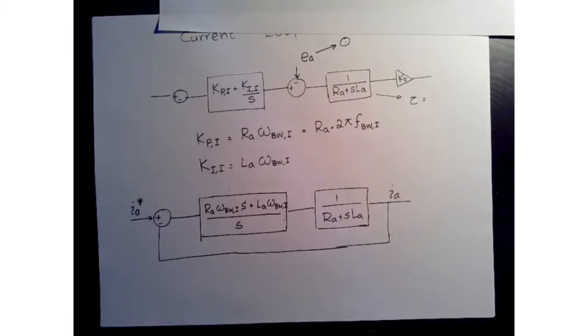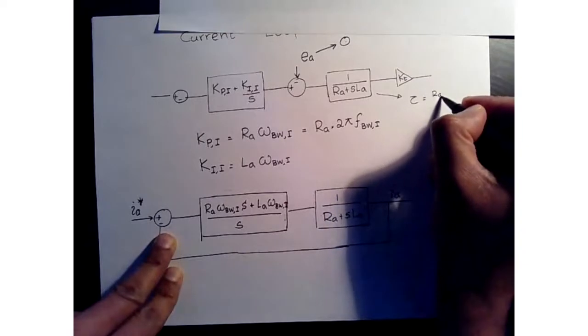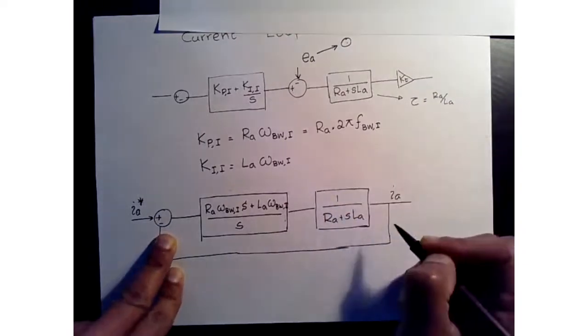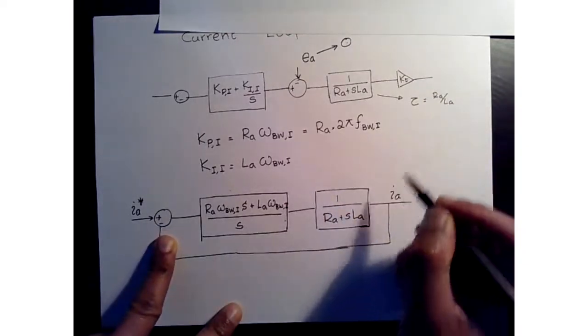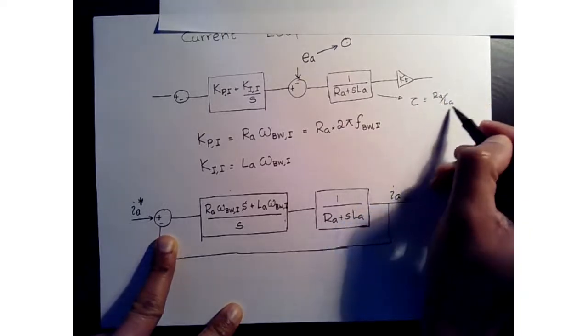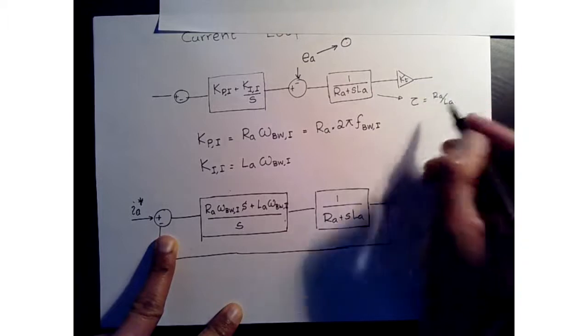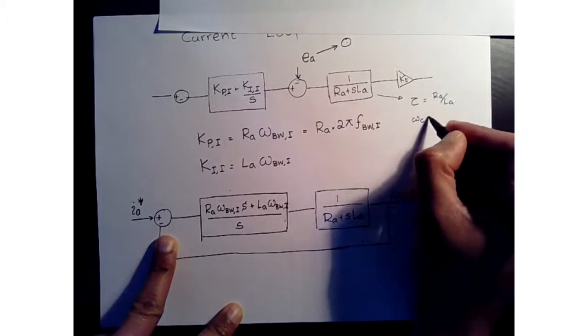What is our time constant? In this case, it is RA over LA. Now, can you recall how RA over LA, or tau, is related to our cutoff frequency omega?